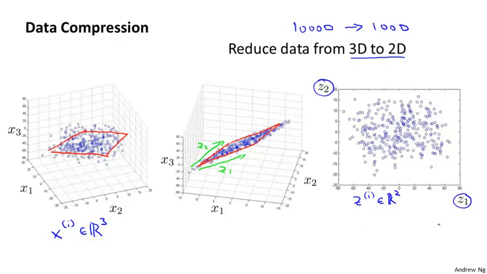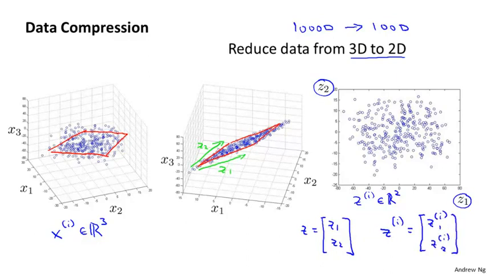And these subscripts, z subscript 1, z subscript 2, what I just mean by that is that my vectors z are 2-dimensional vectors, z1, z2. And so if I have some particular example, zi, well, that's a 2-dimensional vector, zi1, zi2. And on the previous slide, when I was reducing data to 1-dimensional data, then I had only z1, right? That's what the z1 subscript on the previous slide was. But here I have 2-dimensional data, so I have z1 and z2 as the two components of the data.